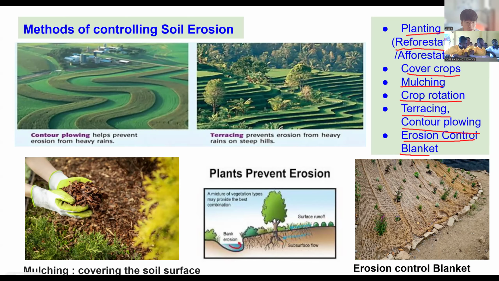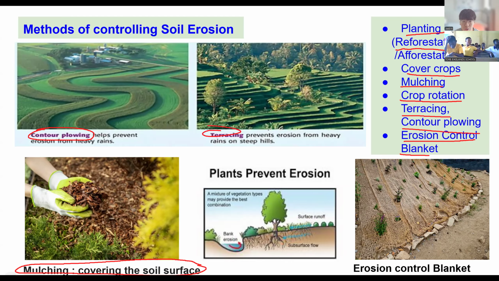Mulching here is covering of the soil surface. Again, it's about covering it, so it helps to prevent soil erosion. What I mean by contour plowing here is building a structure that helps prevent erosion from heavy rains.